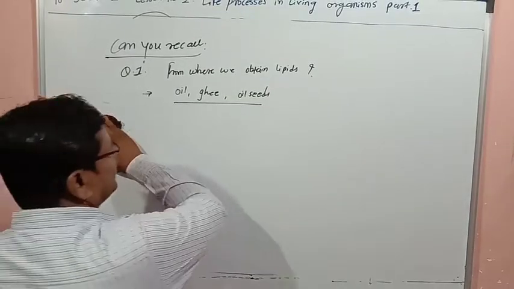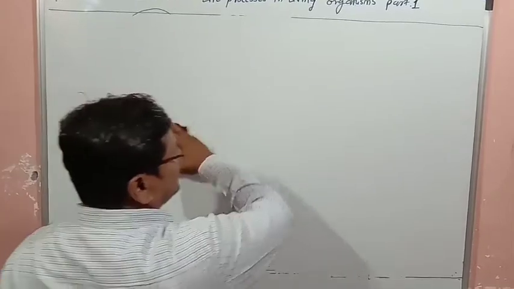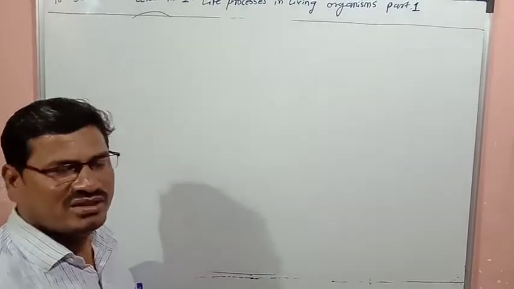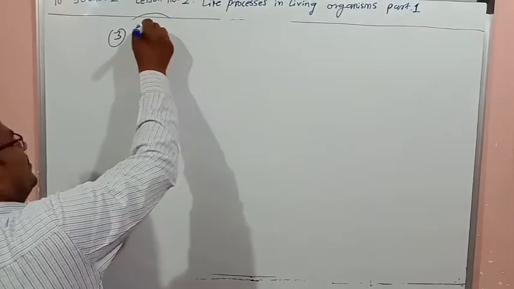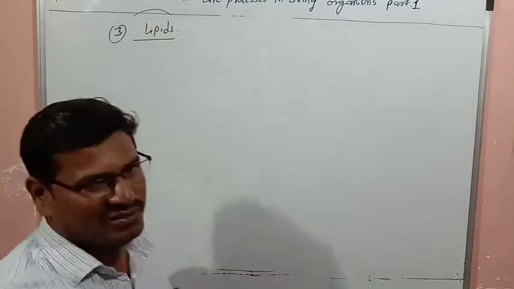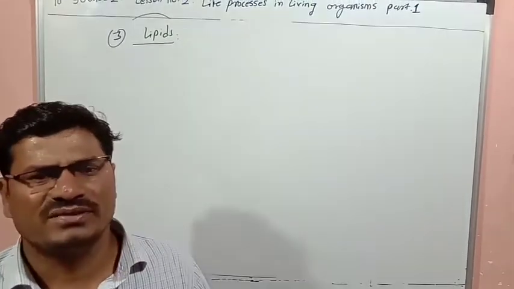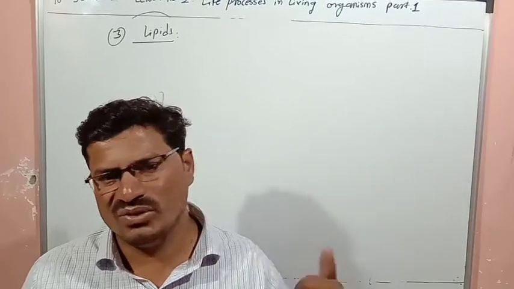So after this, the next point we have to learn is about lipids. The first nutrient we studied was carbohydrates, the second was protein, and the third now is lipids. So what are lipids? One by one we'll see the points first and then we'll write.